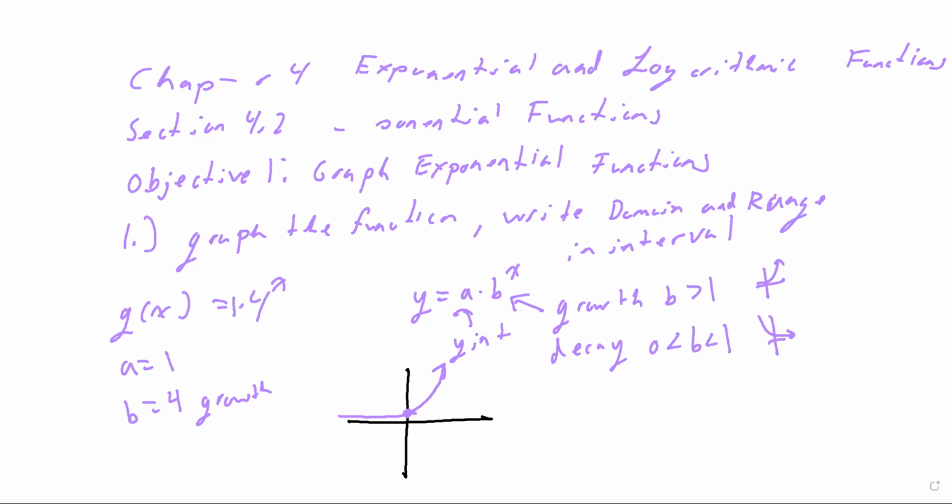All right, so then domain and range. Domain of all exponential functions: as you can see, if I plug in any x value, I will get some type of y value out of it. So that's going to be negative infinity to infinity. Your range is going to be different. If it's above the x-axis, it's going to be 0 to infinity.